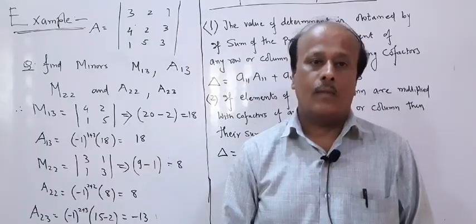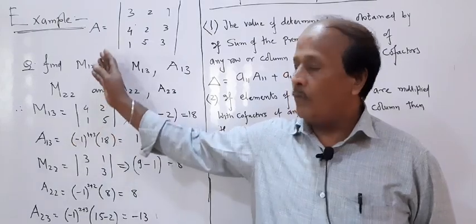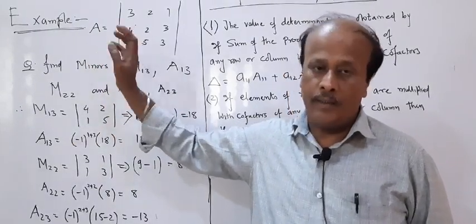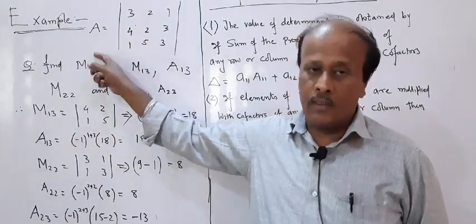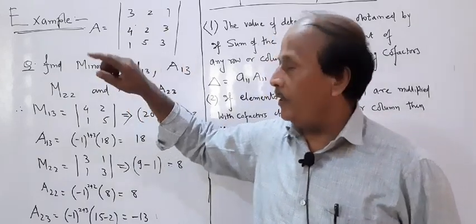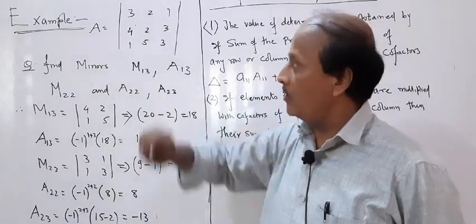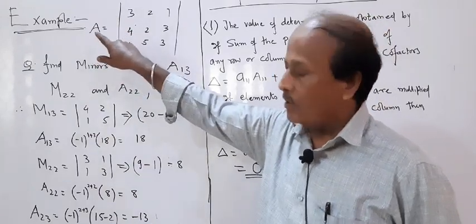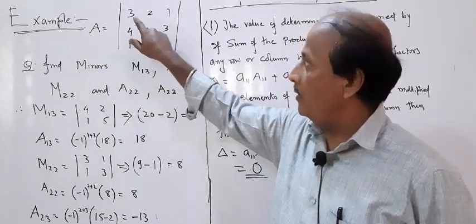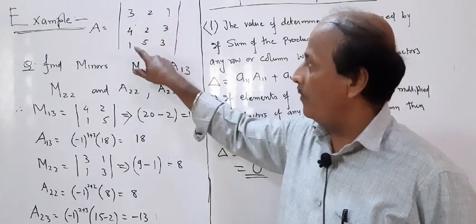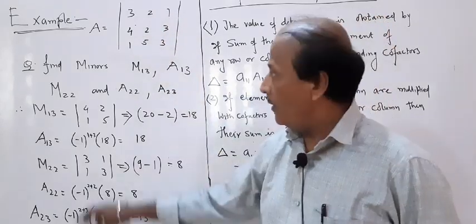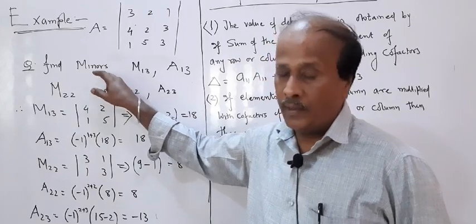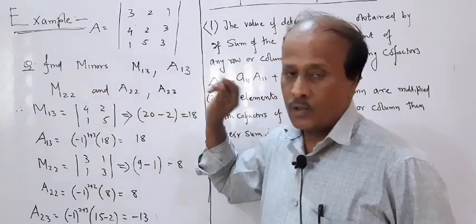Let us see one or two examples of minors and cofactors. Intentionally I took a big determinant of order 3 cross 3. One example from my side: suppose A is a determinant given by 3, 2, 1, 4, 2, 3, 1, 5, 3, and they are asking you to find the minors as well as cofactors.